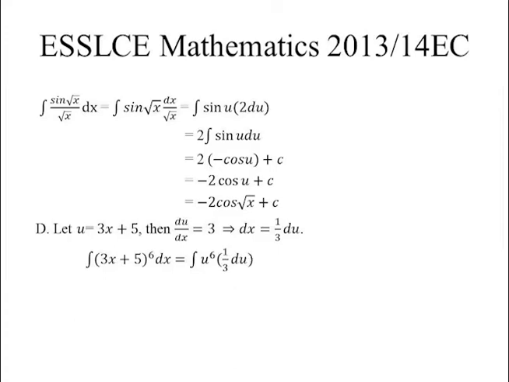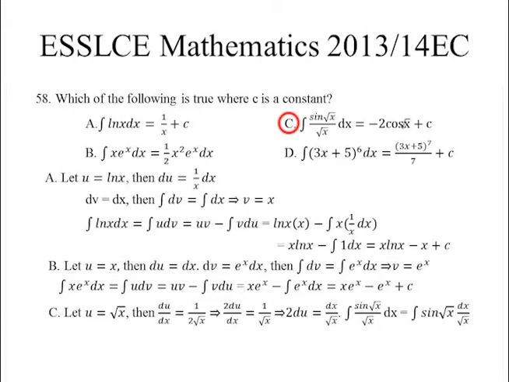Since 1 over 3 is a constant, we can take it to the front, which gives 1 over 3 times the integral of u to the power of 6, which is u to the power of 6 plus 1 divided by 6 plus 1 plus c, equal to 1 over 3 times u to the power of 7 divided by 7 plus c, which is 1 over 21 times 3x plus 5 to the power of 7 plus c. Choice D again is not correct, so the correct answer is choice C.